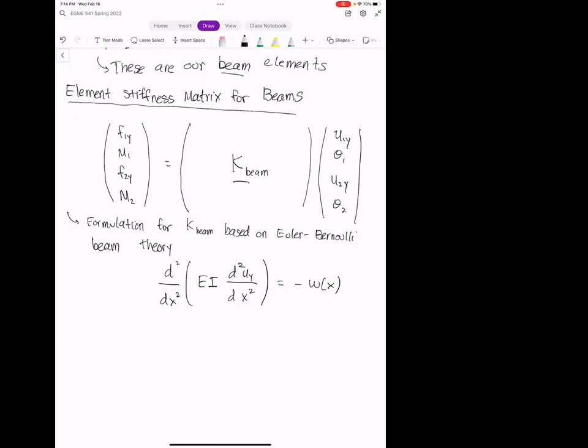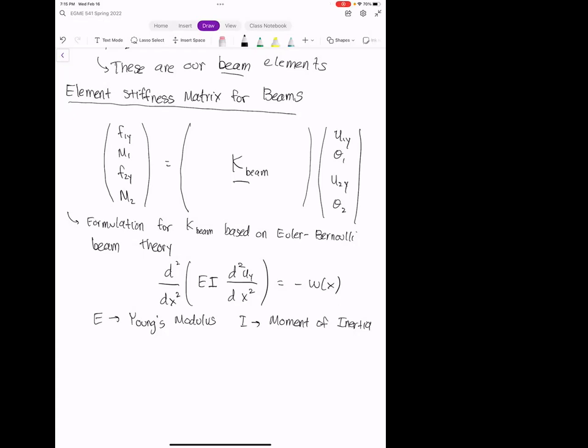Let's go ahead and define the parameters here. E still is the same as before, so E is our Young's modulus. I here is our moment of inertia, and that's the moment of inertia of the beam cross section.